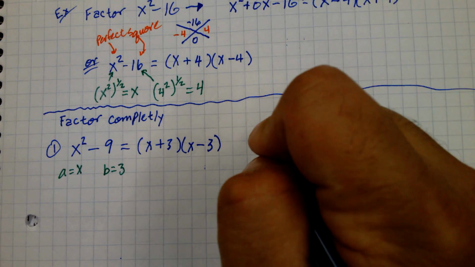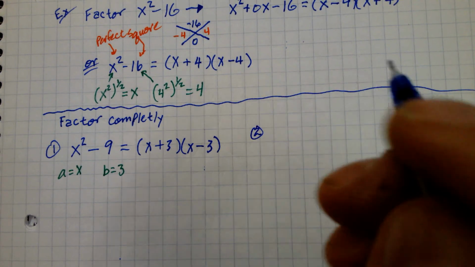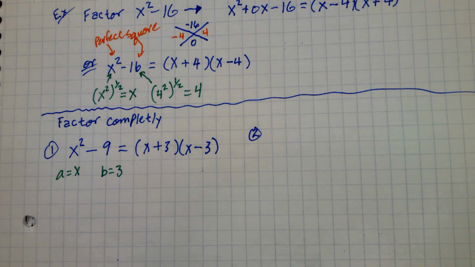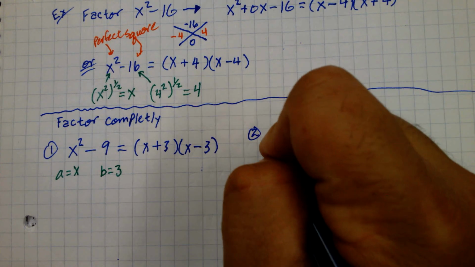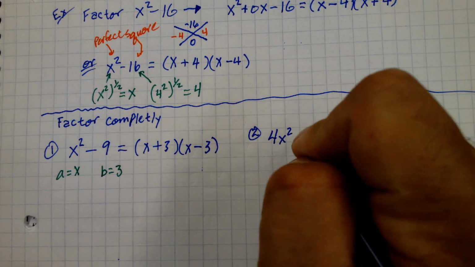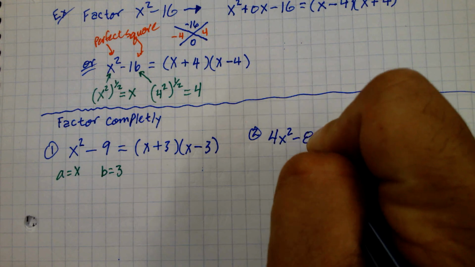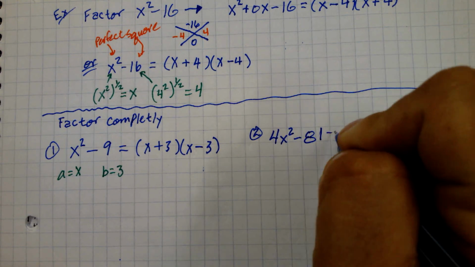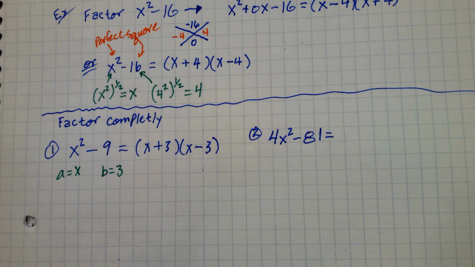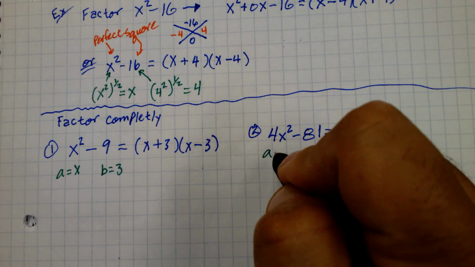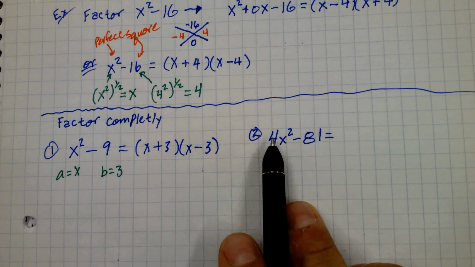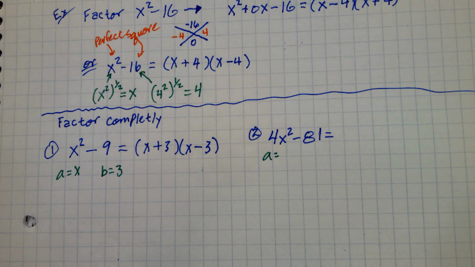All right, let's try number 2. Let's say we have 4x squared minus 81. Again, let's figure out what our a value is. This time we want the whole term there.